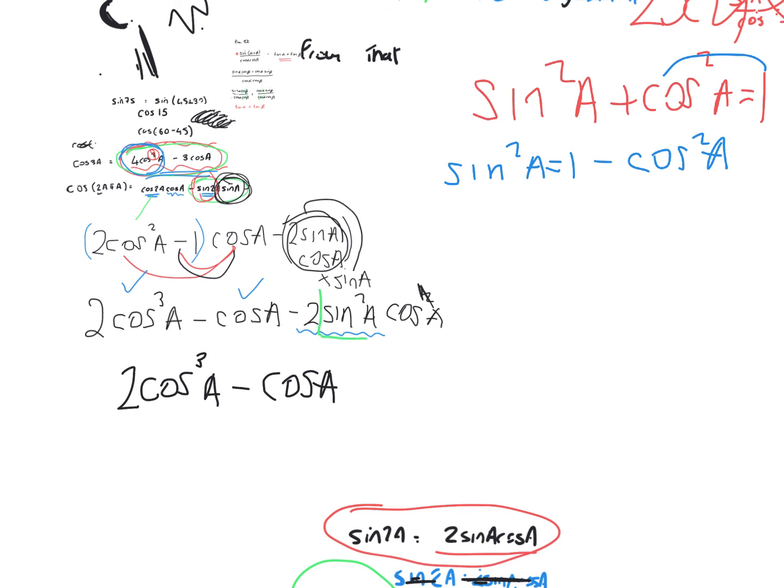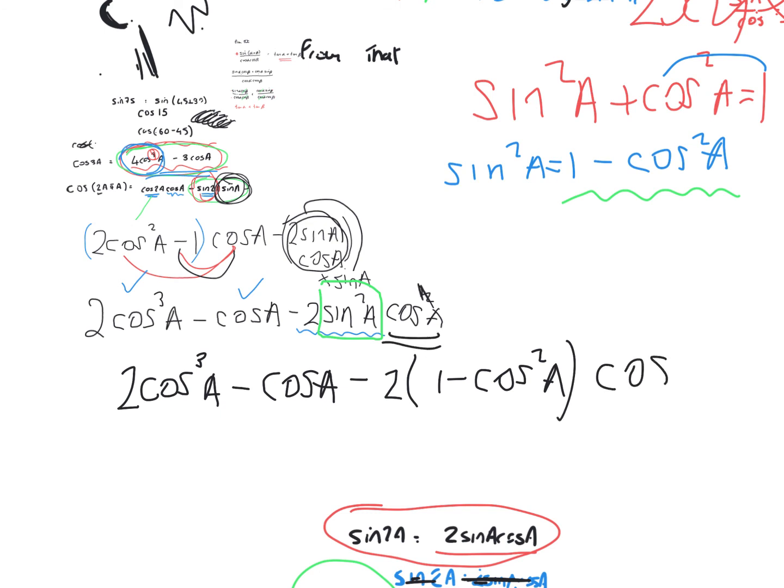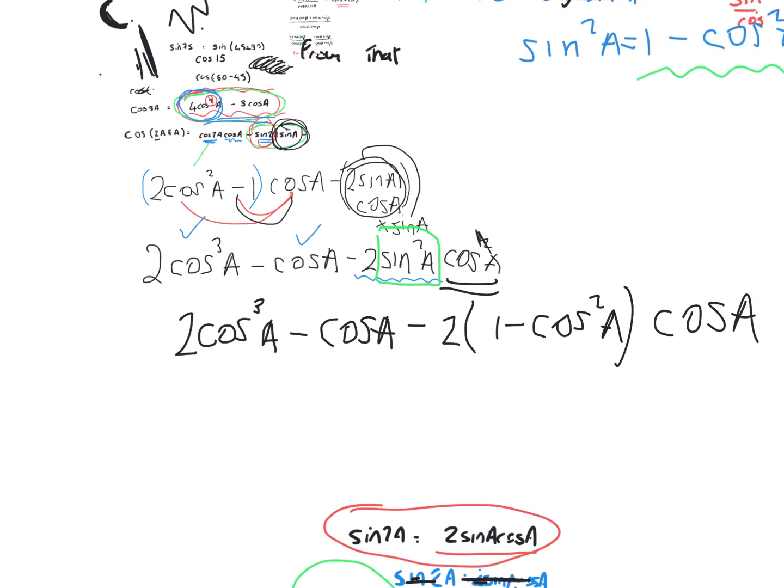For sine squared A, I'm going to replace it with 1 minus cos squared A. So it's going to be minus 2 lots of 1 minus cos squared A, close the bracket, times cos A. Okay, I think we're starting to get places now. Let's see if we can just tidy this up.